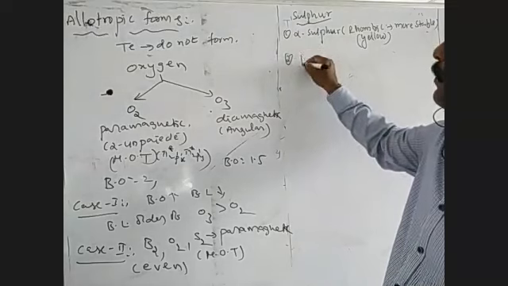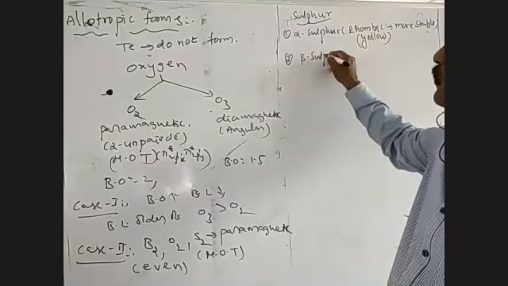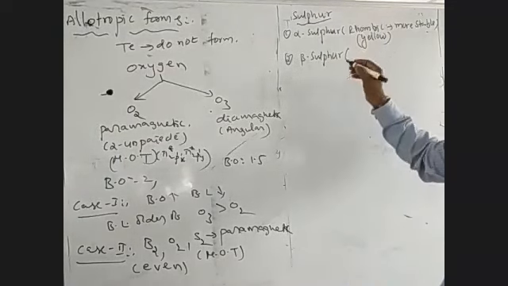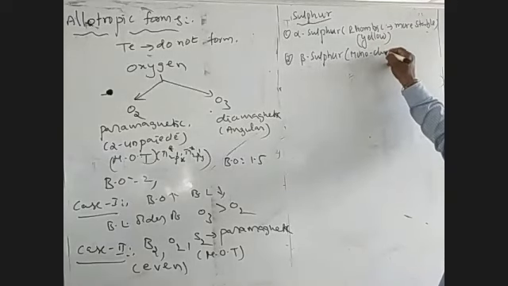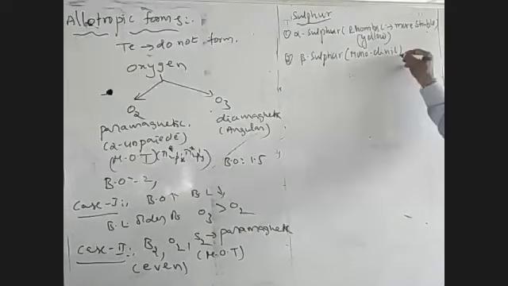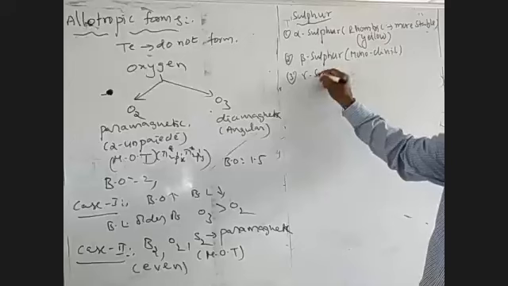Two is called beta sulfur, also known as monoclinic sulfur. Three is called gamma sulfur.